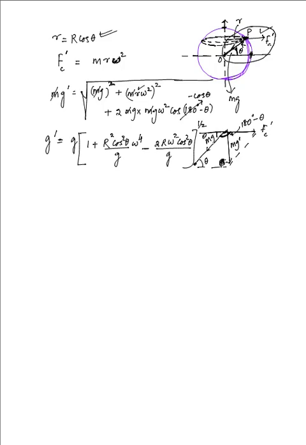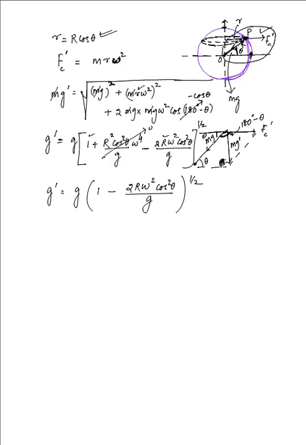Now this term that we have, this fourth power of omega, that's much smaller. So when compared to these two terms, this term can be neglected, and what we get is that the value of g dash is equal to g times 1 minus 2R omega squared cos squared theta divided by g, and that too taken under root.